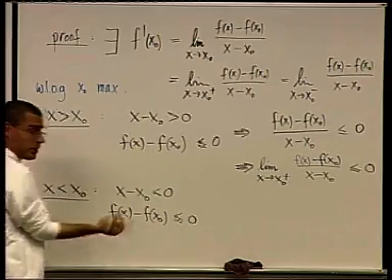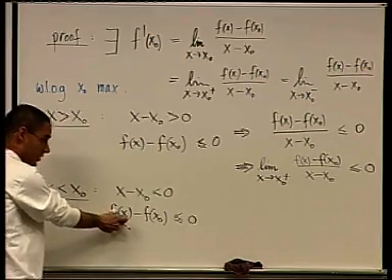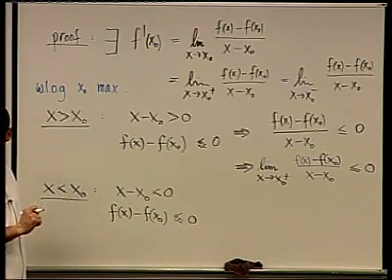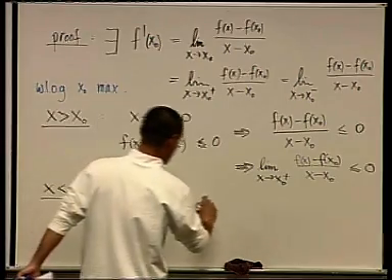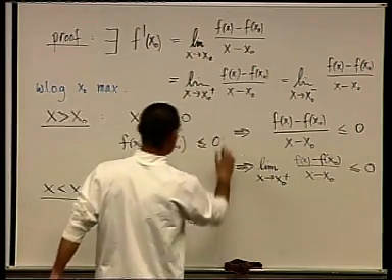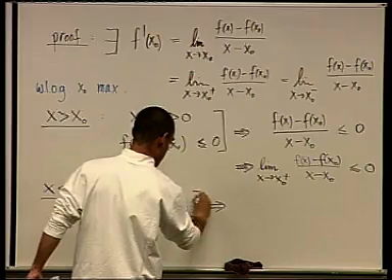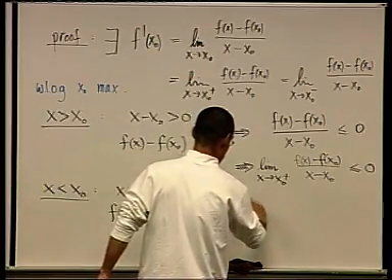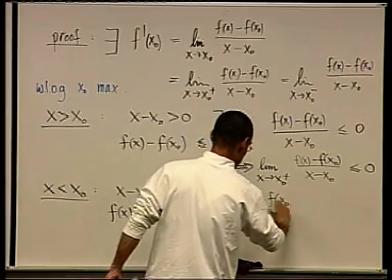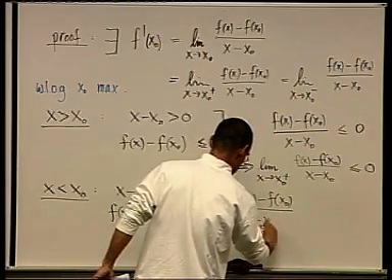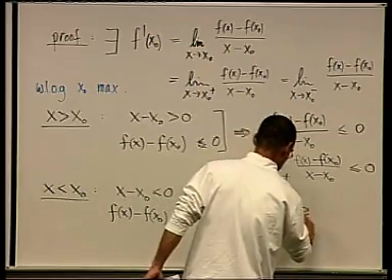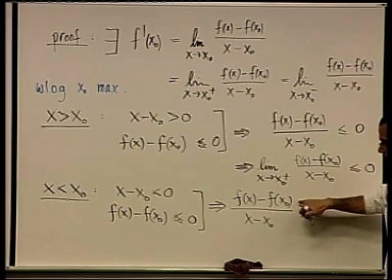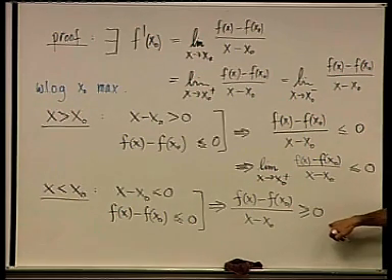So it doesn't matter to which side of x0 x lies, f of x0 is going to be greater than or equal to it. Right? So in this case, we get that f of x minus f of x0 divided by x minus x0 is always non-negative, right? We take something non-positive and divide it by something negative, we get something non-negative.